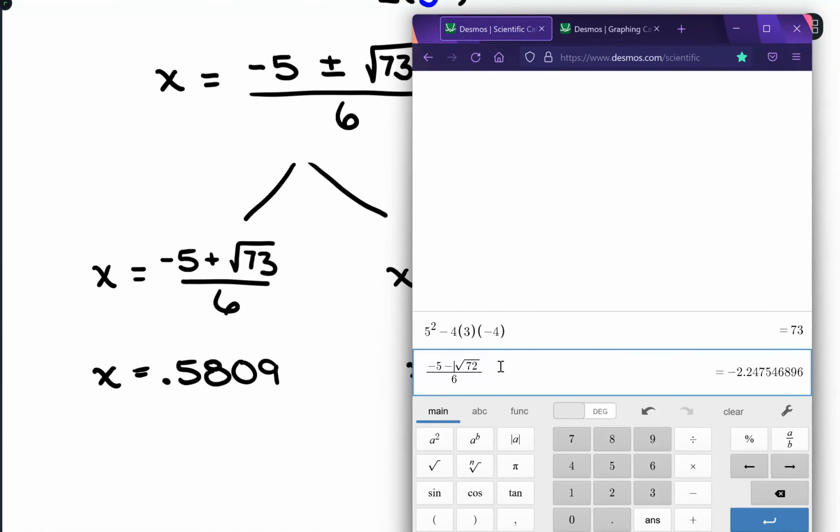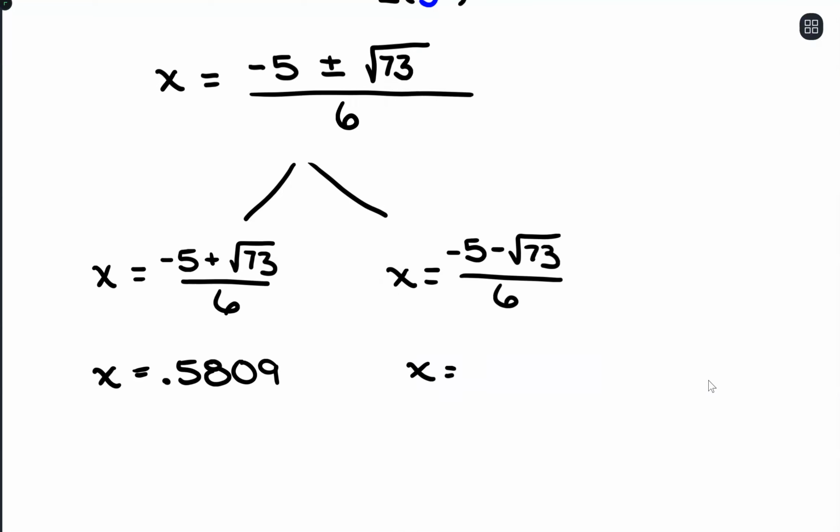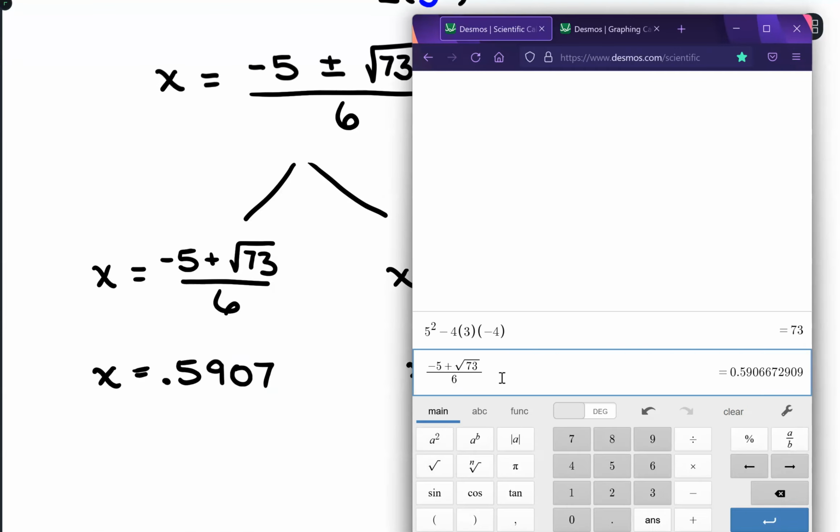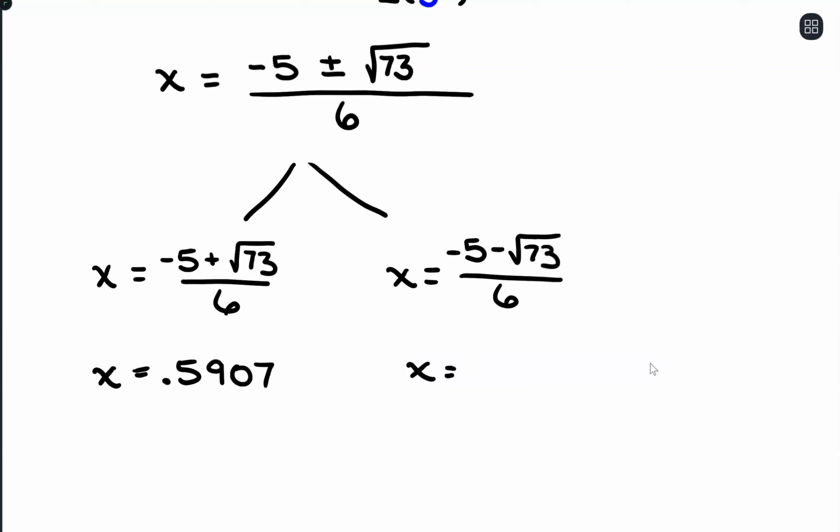So I'm just going to edit my equation here. Sorry, I typed in 72 instead of 73. Let's go back to that first one. Sorry, that should be 0.5907. All right, and then with the subtraction, with that correct square root in there, it is negative 2.2573.